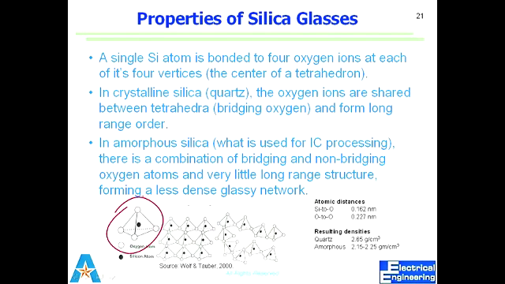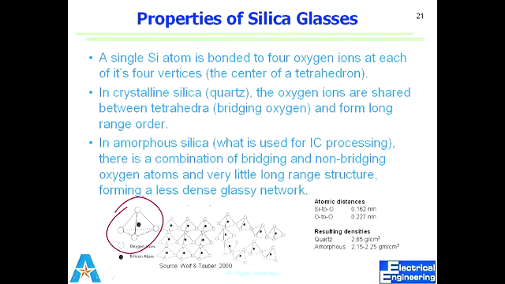And these are shared between adjacent tetrahedrons. So, interesting word, amorphous silica, which doesn't have any crystalline structure, but it has bridging of those atoms occurring, which makes it dense or less dense, which makes one oxide different electrically than the other oxide.